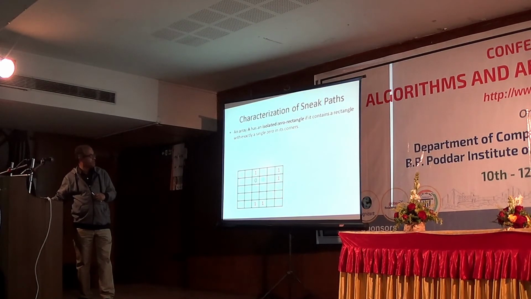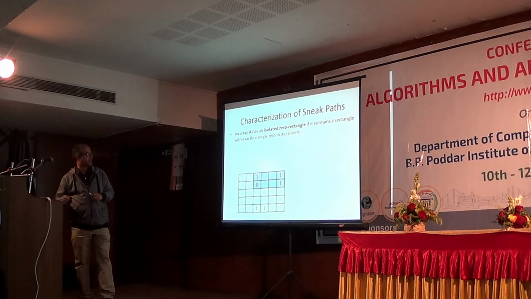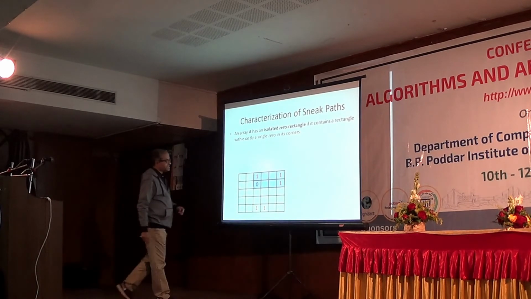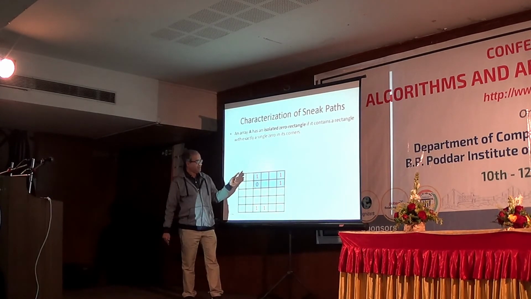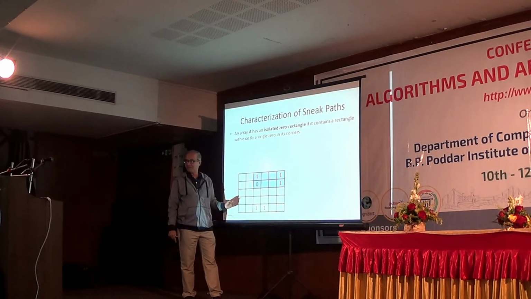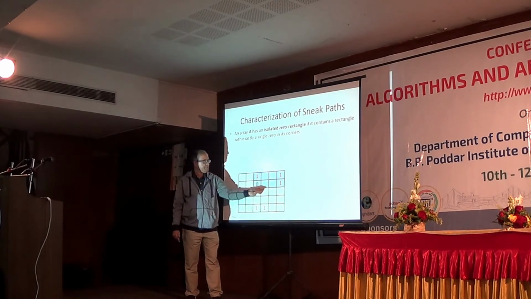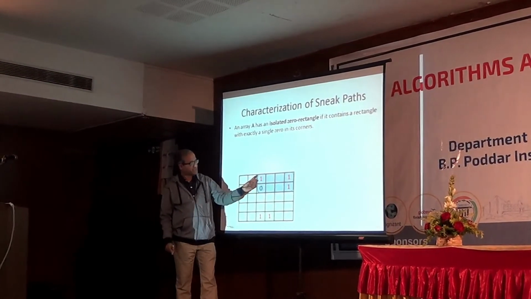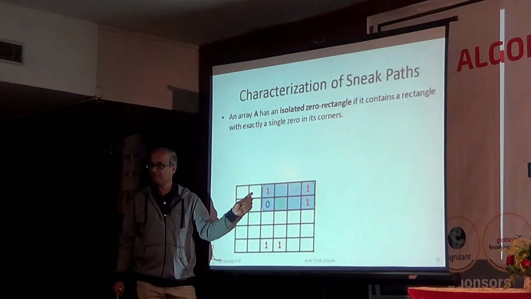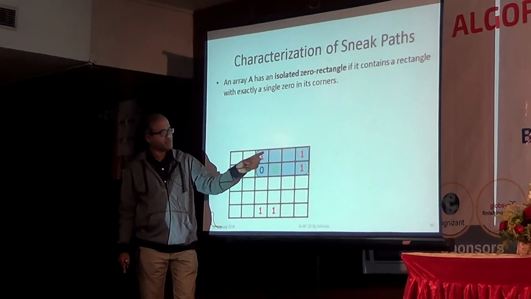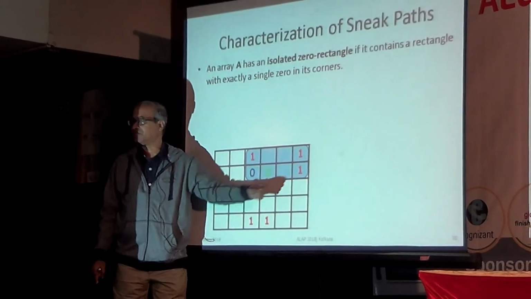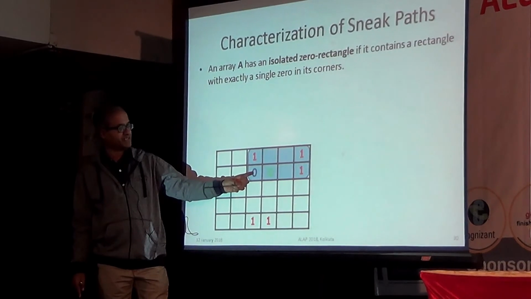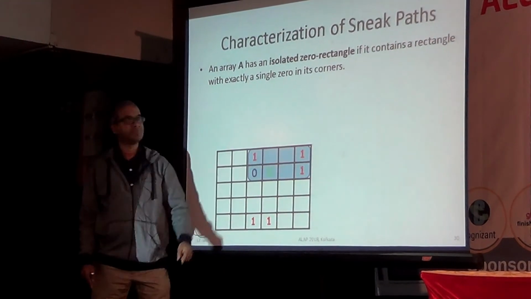There is a concept of an isolated zero rectangle. In this crossbar, you can define imaginary rectangles. Consider this an imaginary rectangle, and you consider the corner memristors. Here there is a 0, and there are 3 ones.